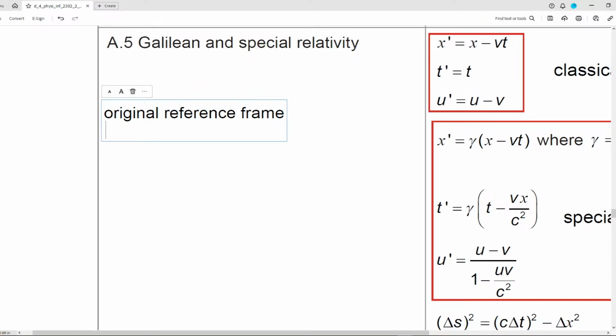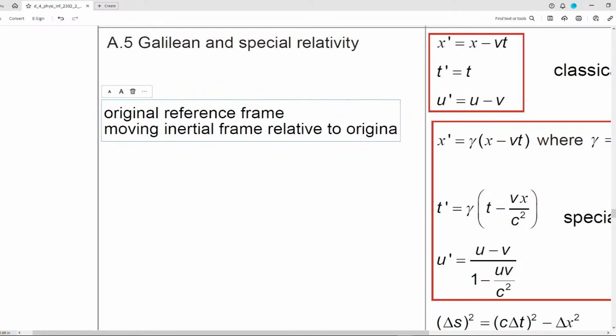And then there is a moving inertial reference frame relative to that original one, still inertial though, constant speed, relative to the original. That one is marked with a prime.